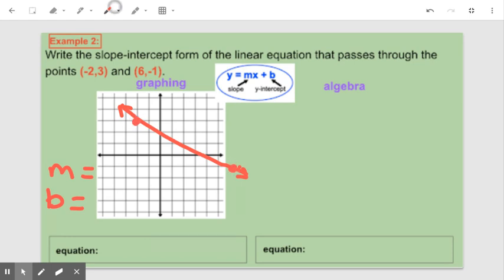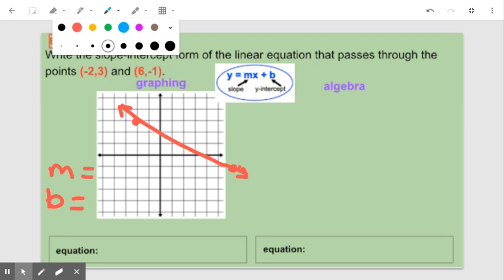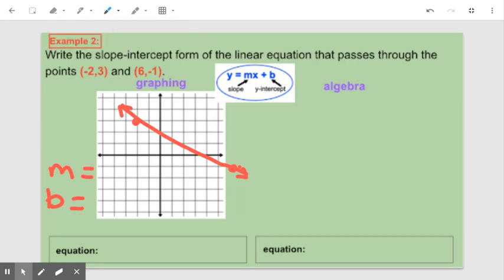Now I want to remind you that the points I'm using are right here and right here. So when I go to find my slope, I am going to count my rise and my run from this point to this point. I can go whichever way I want, rise down or rise up, but I have to do my rise first. I'm going down here, and then to the right. Going down is negative, to the right is positive.